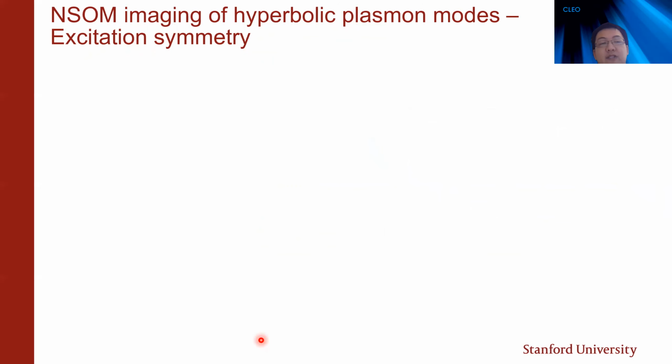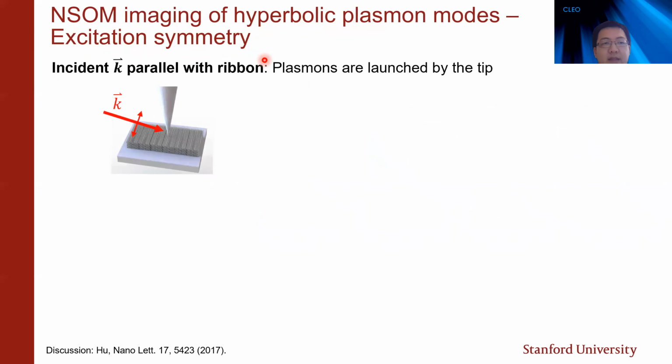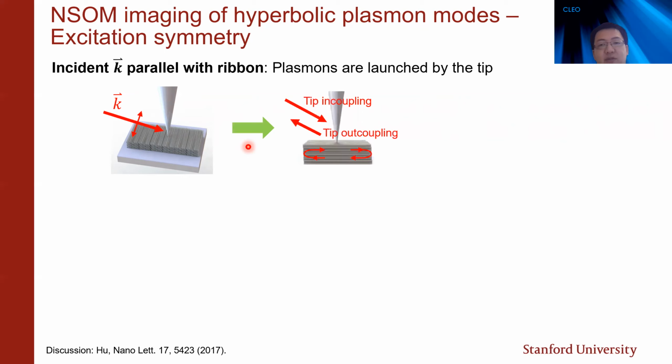First, I will talk about excitation symmetry, because this will be helpful in understanding the experimental results. There are two excitation configurations. The first one is a parallel configuration, in which the incident wave vector is parallel with a ribbon, and the plasmons are launched by the tip.